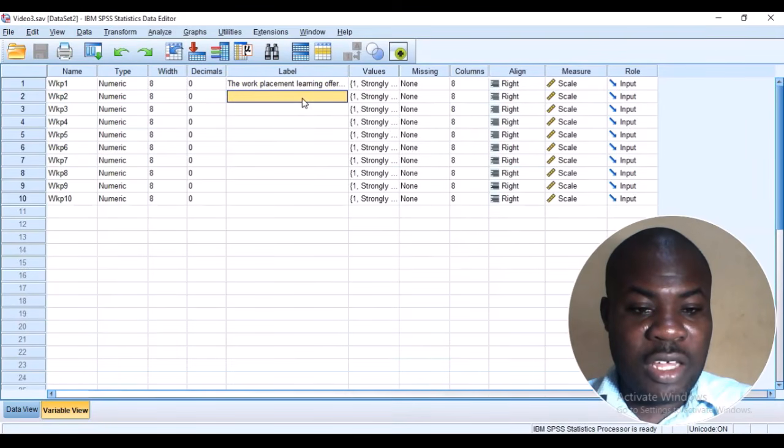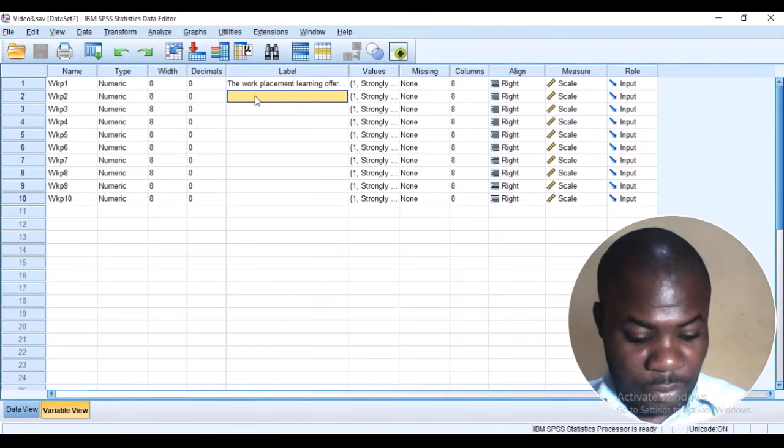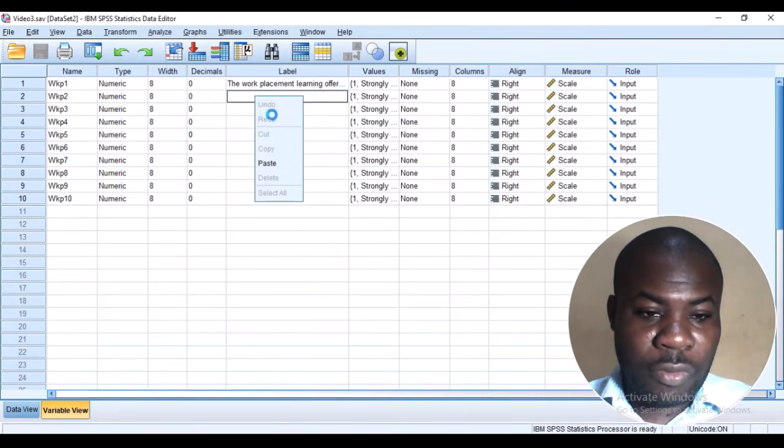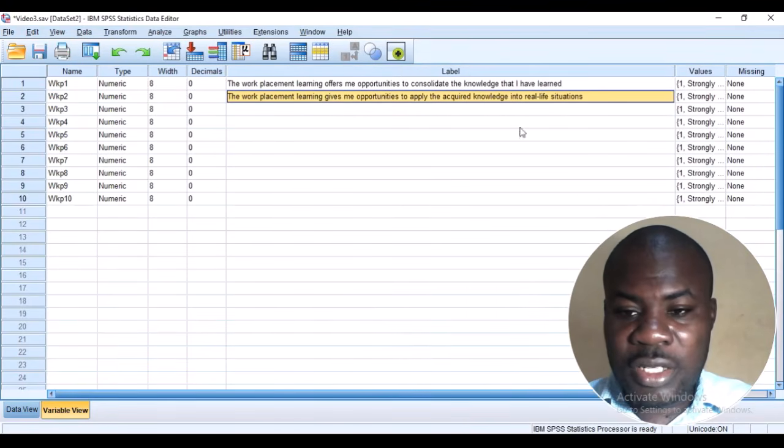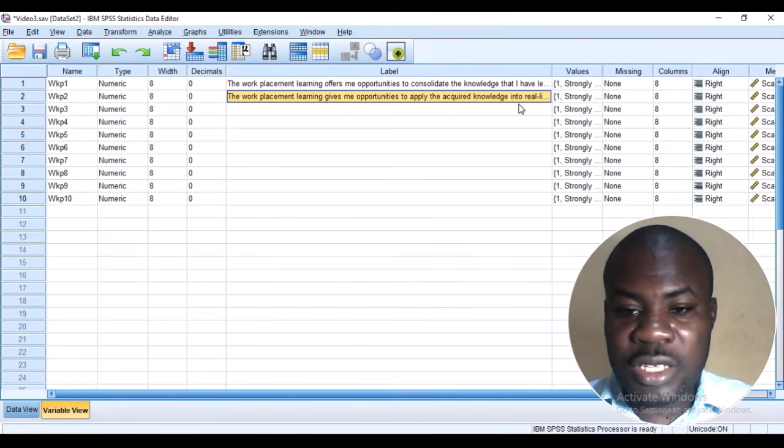If I want, I simply paste here. So I have pasted the second one. You can see this. So if you want, you can actually paste it, but if you don't want, there's basically no reason.